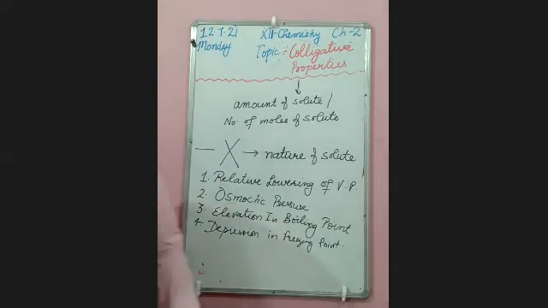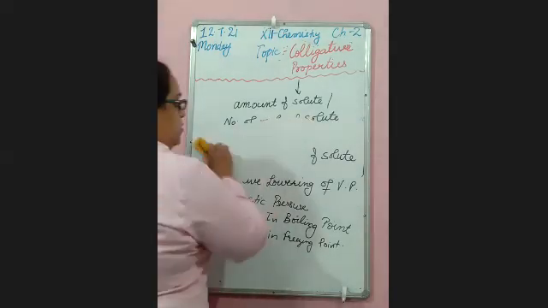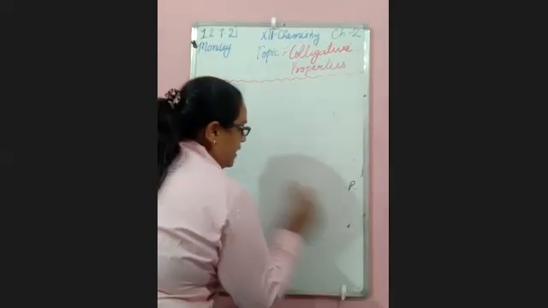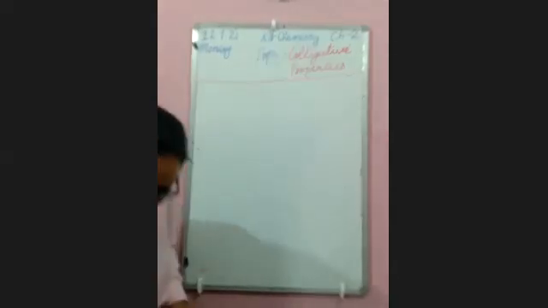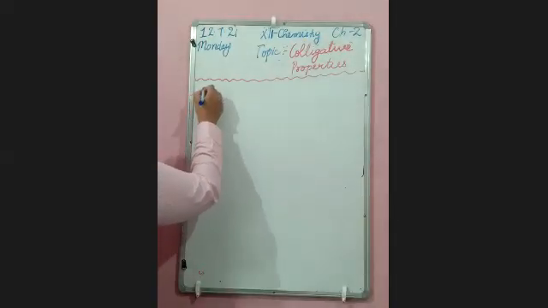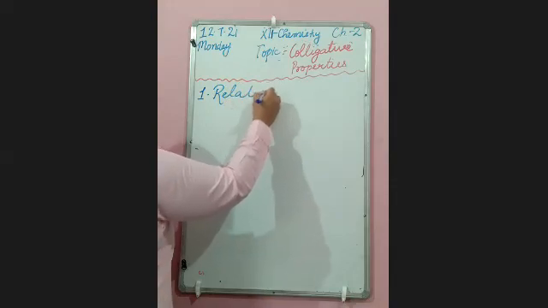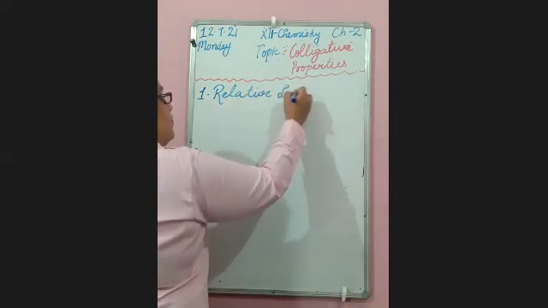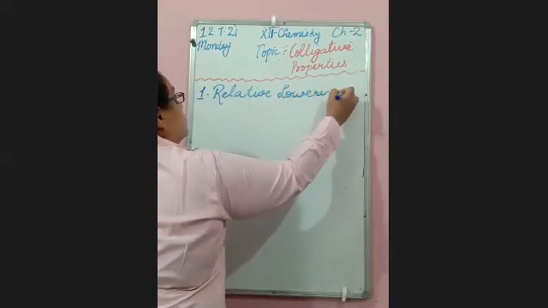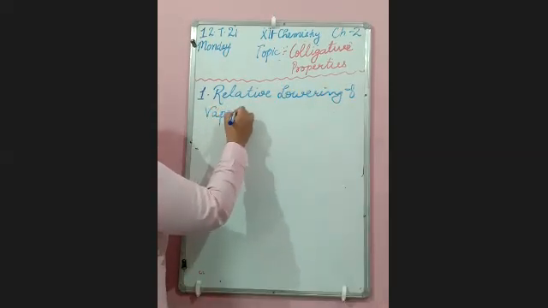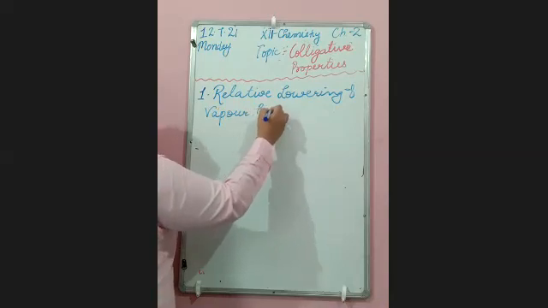So the first colligative property I am going to start with is your relative lowering of vapor pressure.